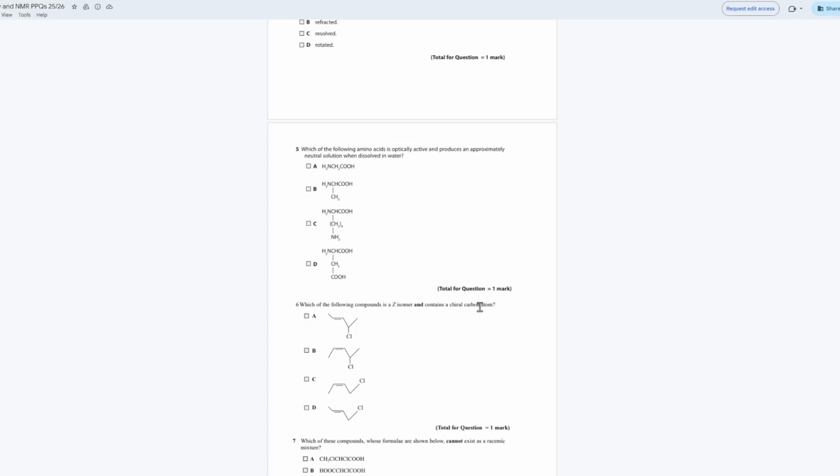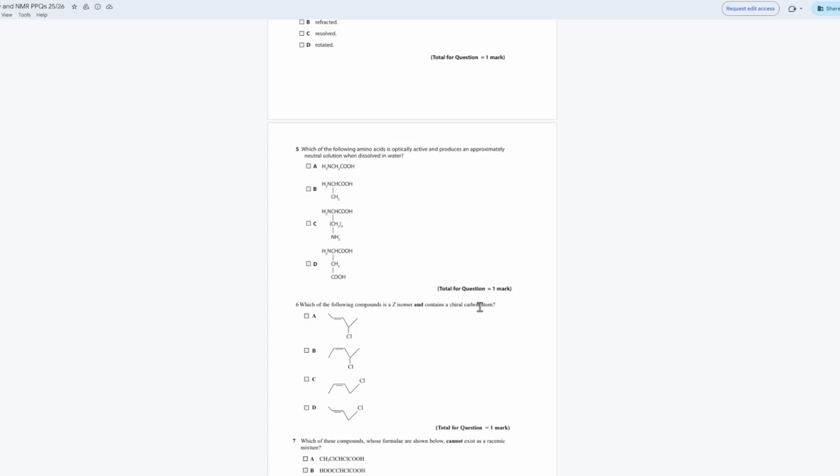Oh, I see. So it's going to be the one that contains a single carboxylic acid group and a single proton acceptor. So I think B will be the answer, because the carboxylic acid is going to lose a hydrogen and the NH2 is going to gain a hydrogen.